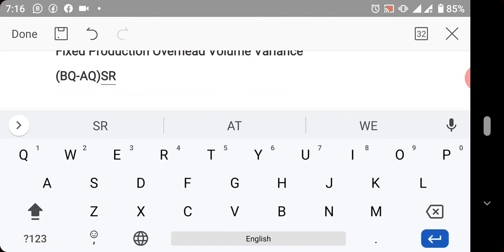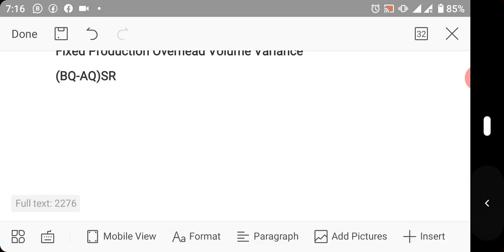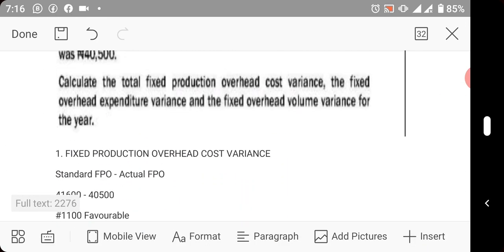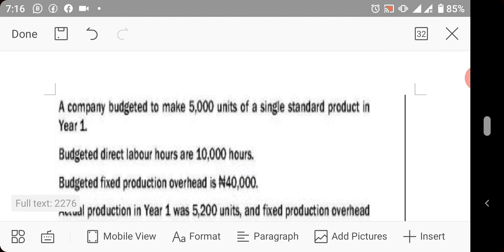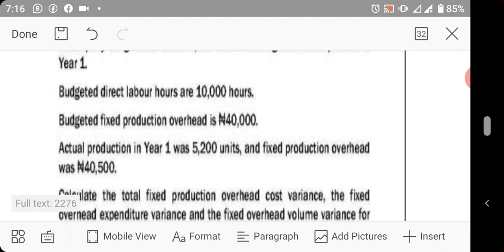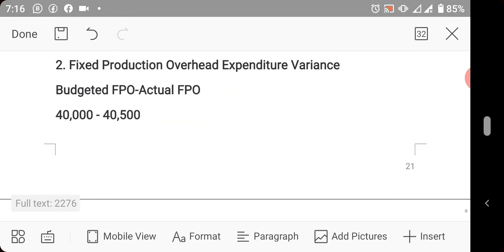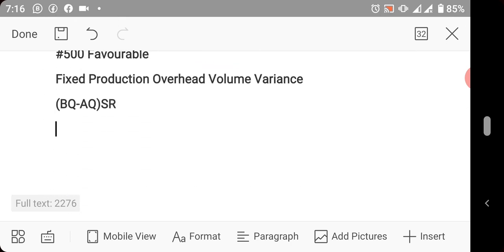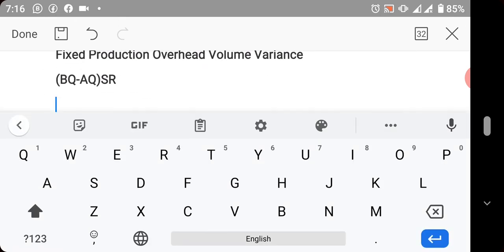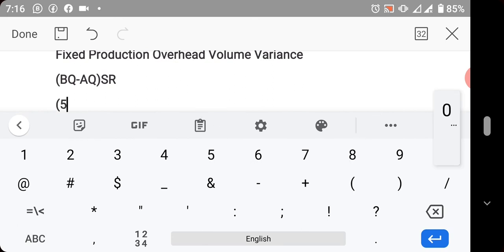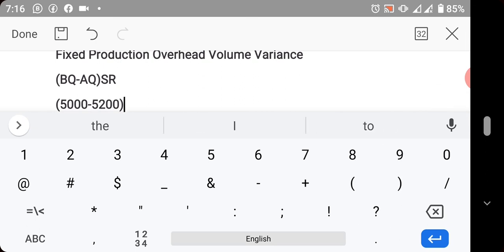So we already know the budgeted quantity. We'll go back to the question. The budgeted quantity is 5,000. The company budgeted 5,000. Actual production was 5,200. So you come here and open brackets. In that regard, you say 5,000 minus 5,200. You understand? So you close the bracket.